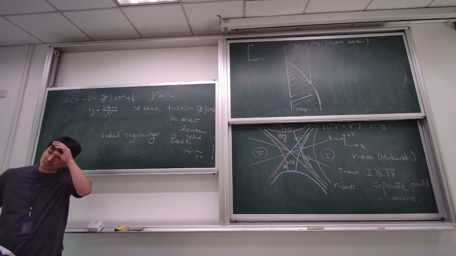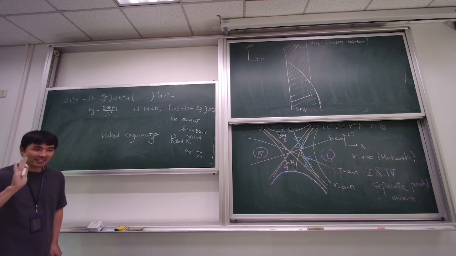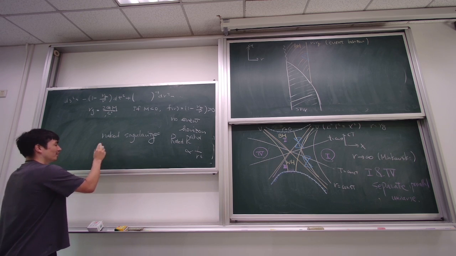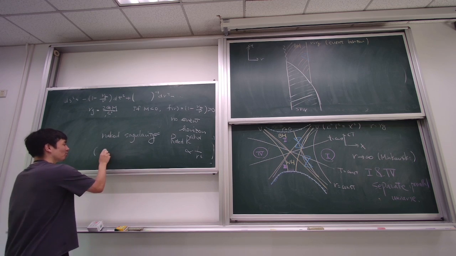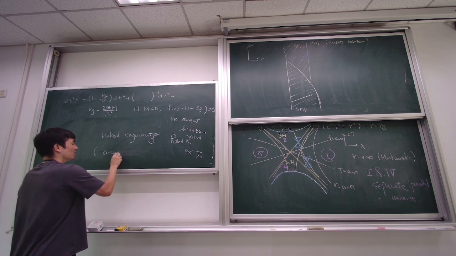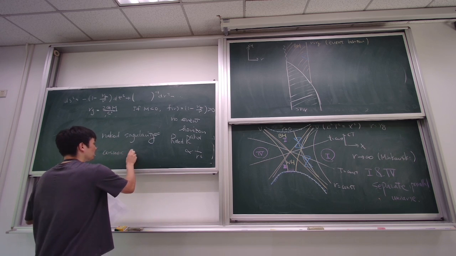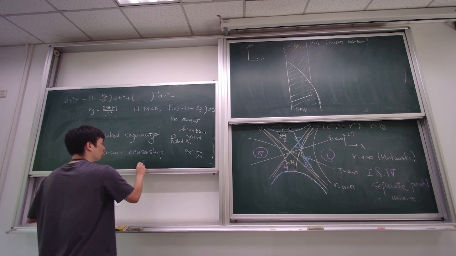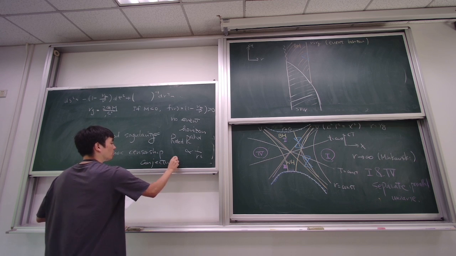So that's called a naked singularity, and it's widely believed that in reality there is no such thing. There is the cosmic censorship conjecture, weak or strong, by Penrose.